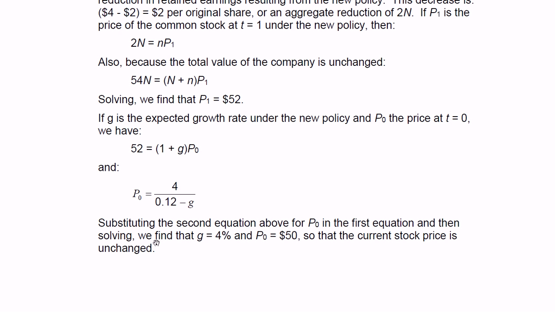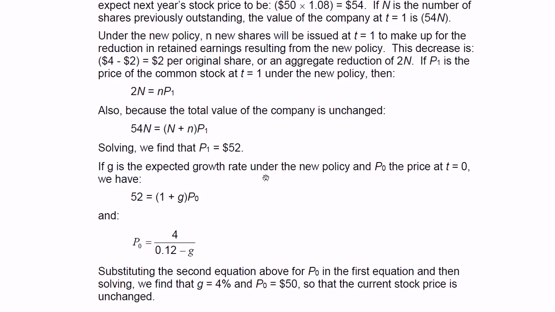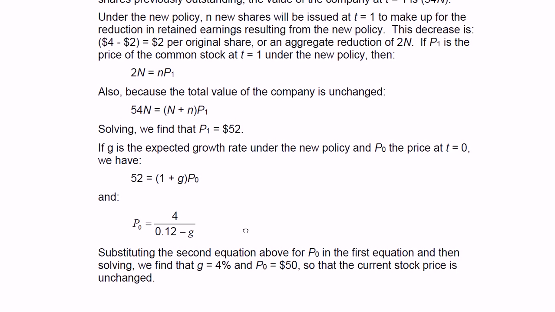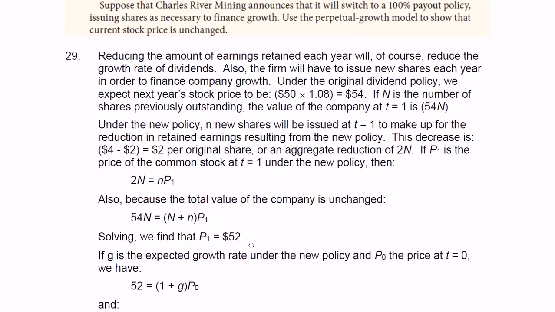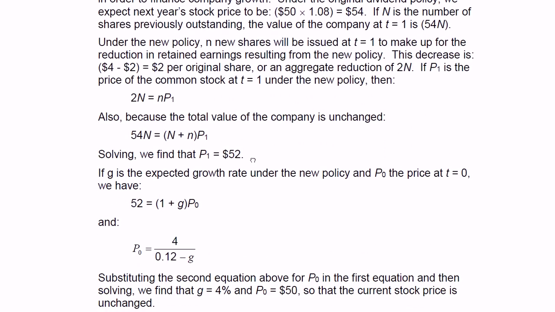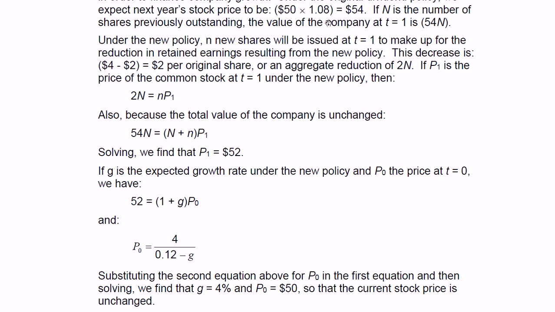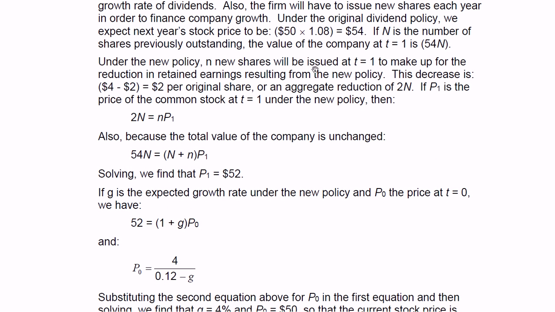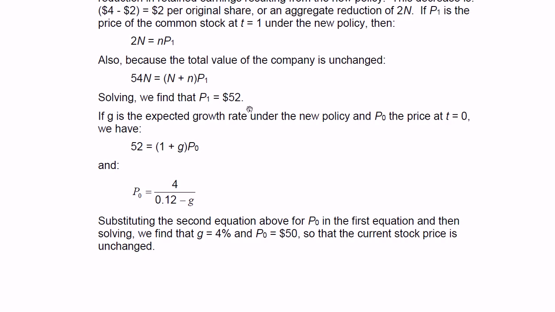We find that g equals 4%, and P0 should be $50, so we know that under the two different policies, the old policy and the new policy, the current stock price is $50 per share in both.